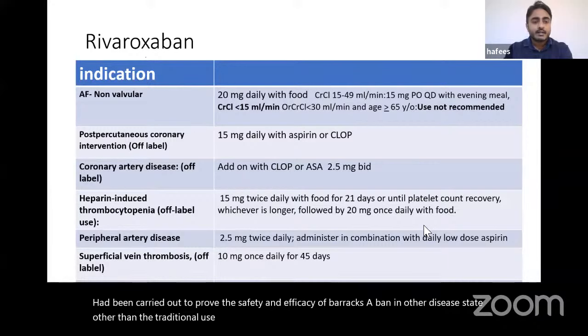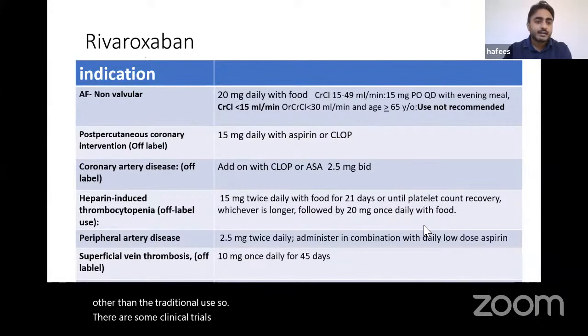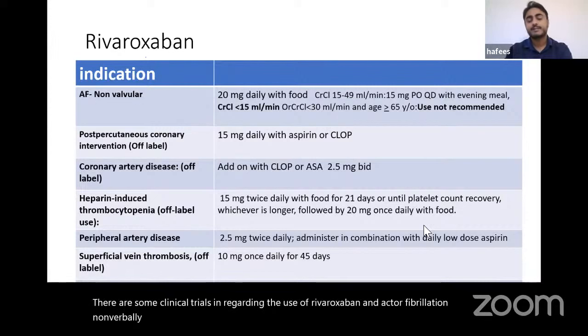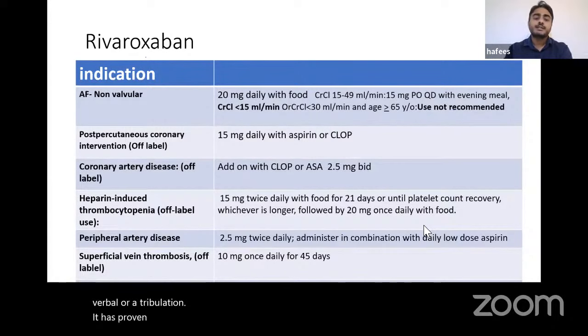So there are some clinical trials regarding the use of rivaroxaban in atrial fibrillation, non-valvular atrial fibrillation. It has been proven that it is not inferior to the therapeutic effect of warfarin.